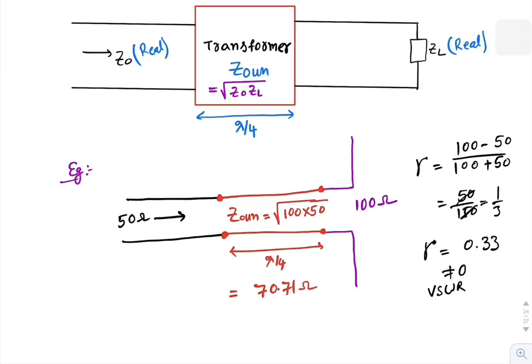Therefore, if I can place a transmission line of length lambda by 4, whose characteristic impedance is 70.71 ohms, then I can match a 50 ohm transmission line with an antenna whose input impedance is 100 ohm, which is our load.